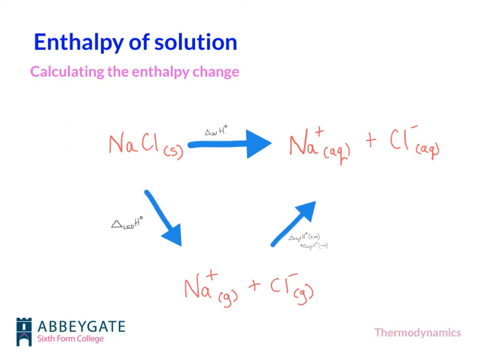Now, I don't know these numbers off by heart. I get them from the textbook. If you needed the numbers to do the calculation, they would give them to you in the exam. So they might say, calculate this enthalpy of solution. The lattice enthalpy of dissociation for sodium chloride is plus 780 kilojoules per mole. The enthalpy of hydration of sodium ions is minus 390 kilojoules per mole.